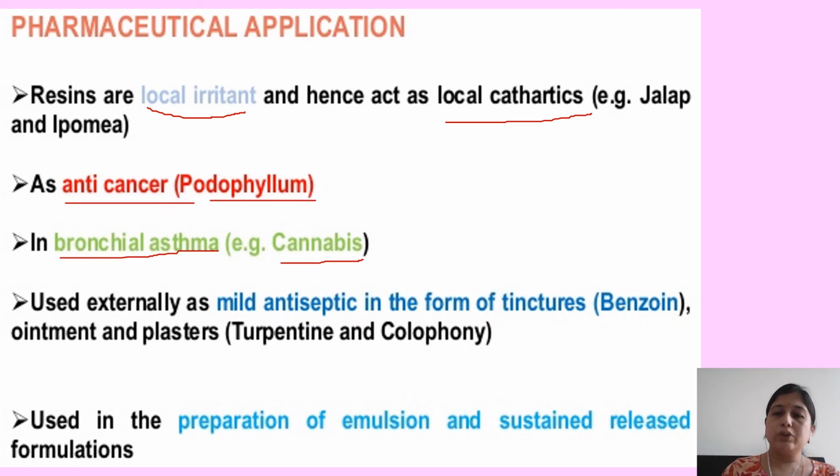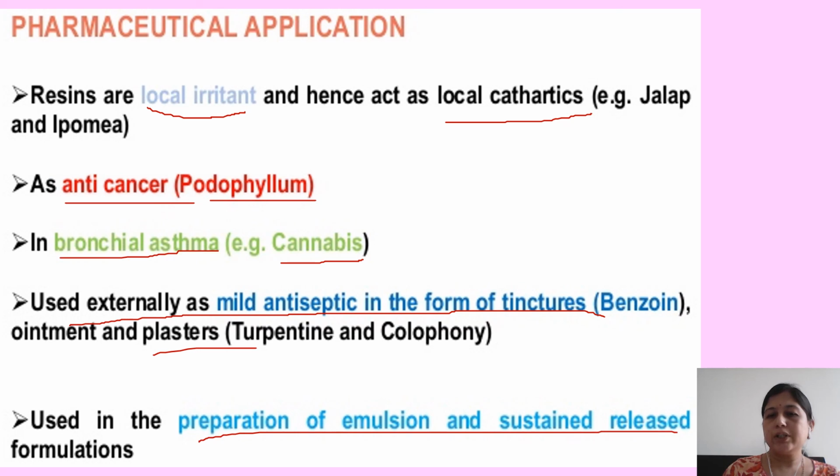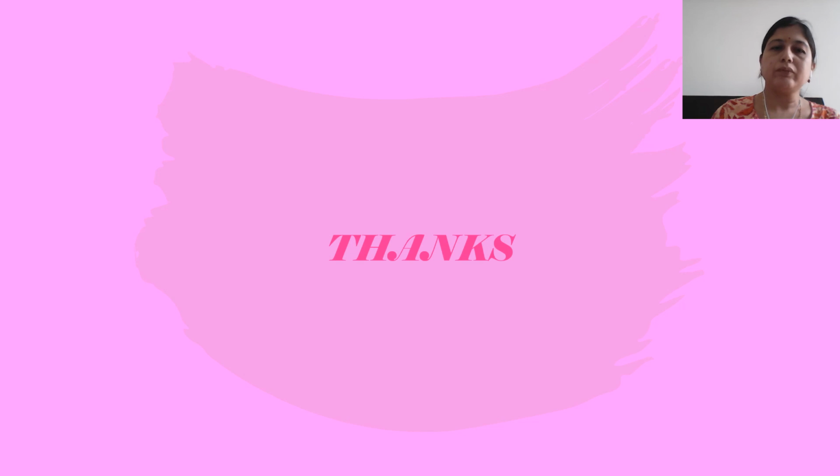We can produce certain cannabinoids as well as resinous materials, which can be used to treat bronchial asthma. They are generally used externally as mild antiseptics in the form of tinctures, for example benzoin, as well as plasters, for example turpentine and colophony. And then they are also used in the preparation of emulsions and sustained release formulations, like in the case of shellac. Thank you very much.